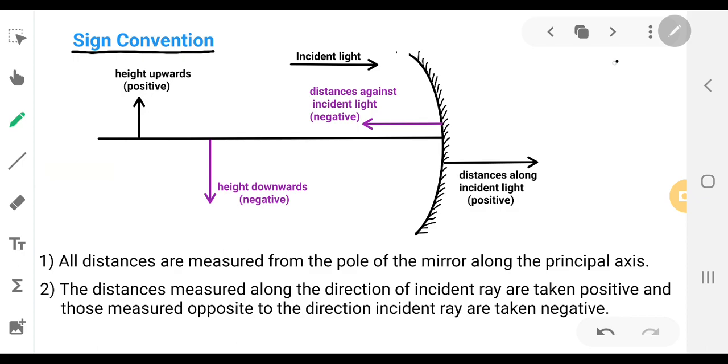Suppose it is a convex mirror where this side is coated and here is the outer surface, which is available for interaction of light. So this goes our sphere, and somewhere here our center of curvature will be there.